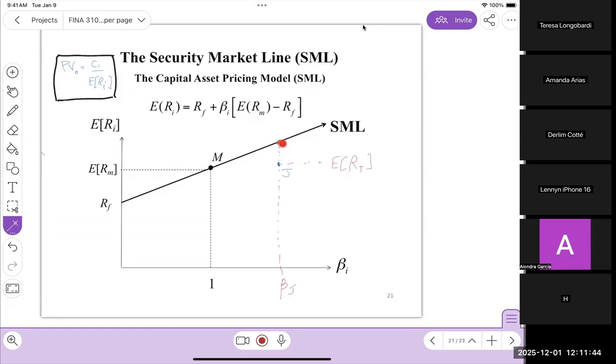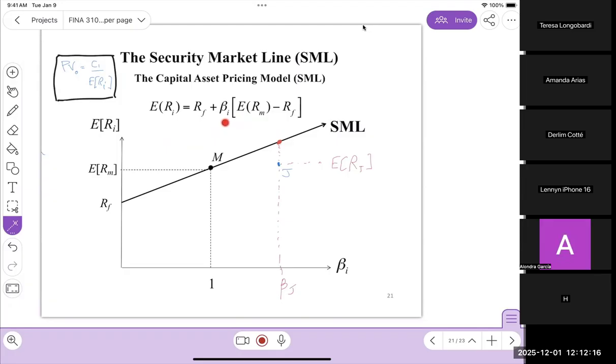They could be here and have this expected return to compensate for this level of risk. What this model says is, over and above the risk-free rate, anybody invested in stock I will expect to be compensated by the market risk premium for every unit of beta.